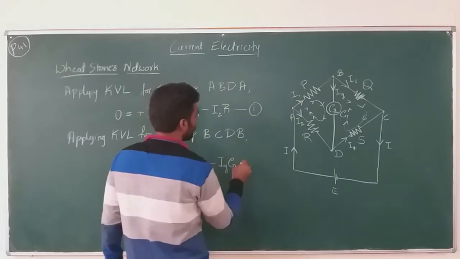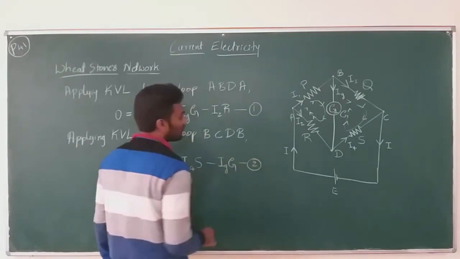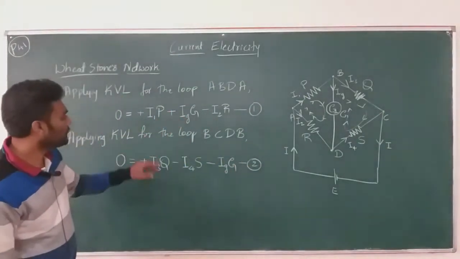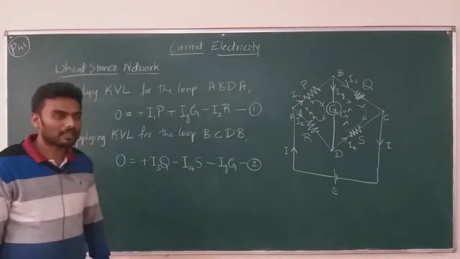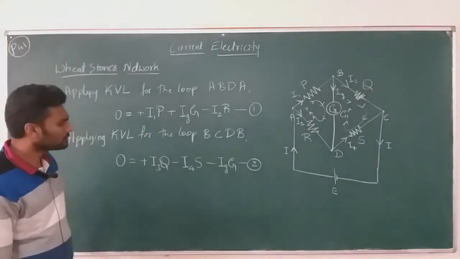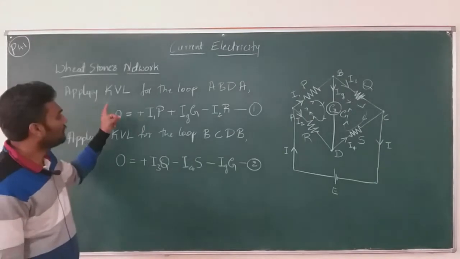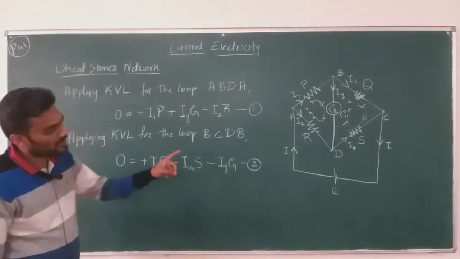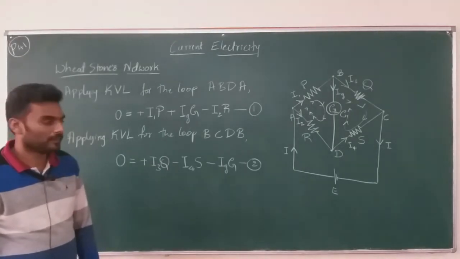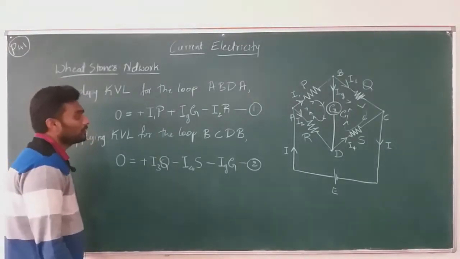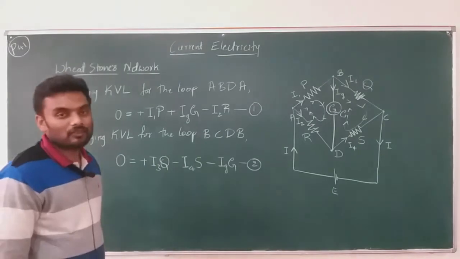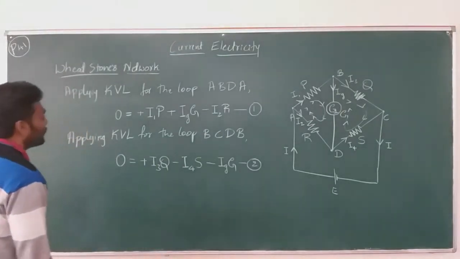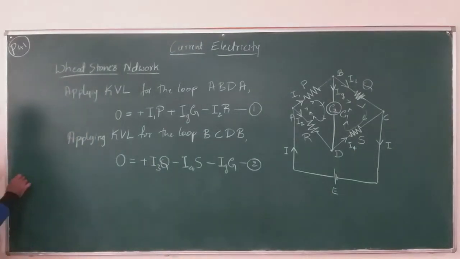Let me call this as equation 1 and this as equation 2. These two are the expressions that we get after applying KVL for the loop ABDA and KVL for the loop BCDB.